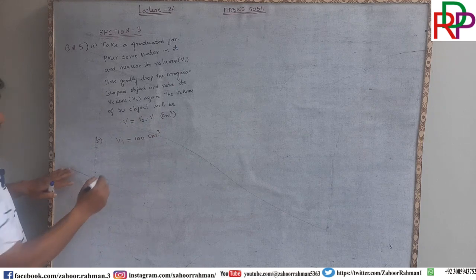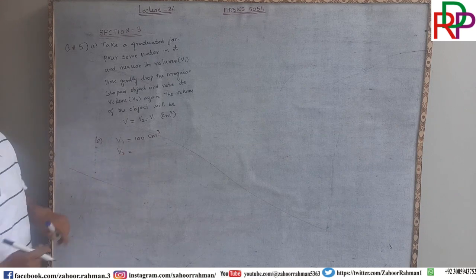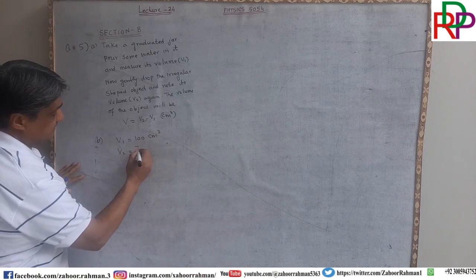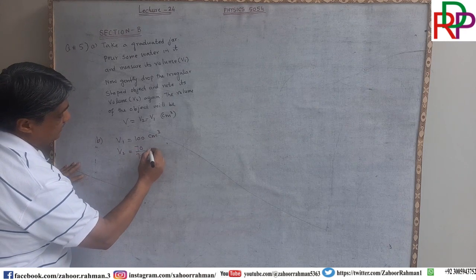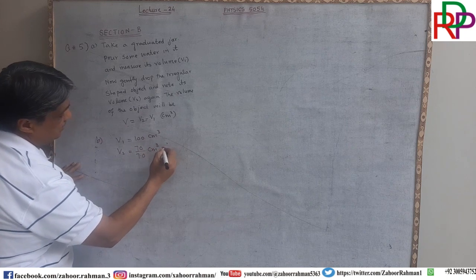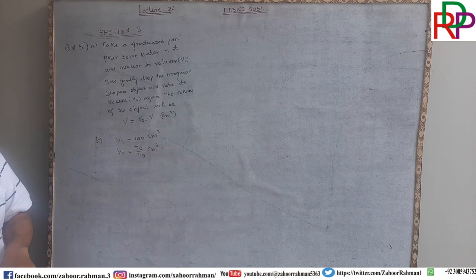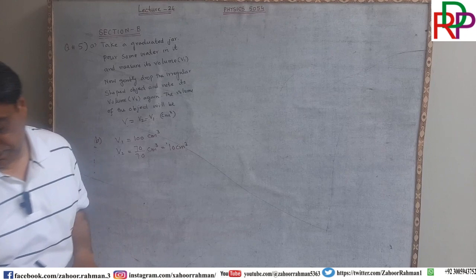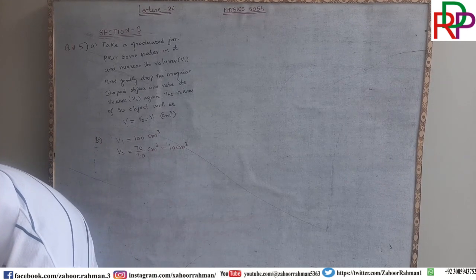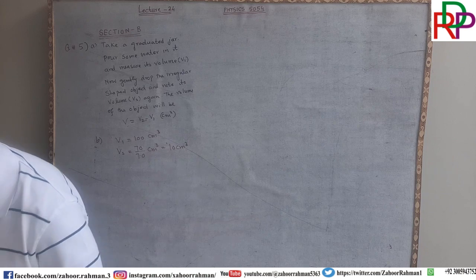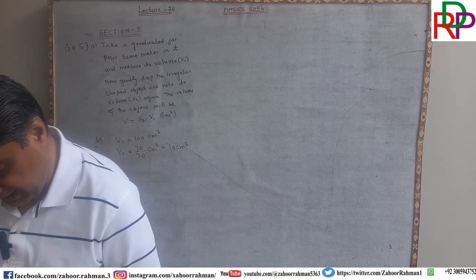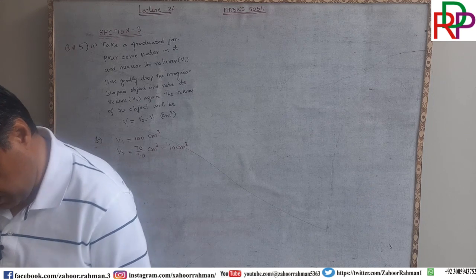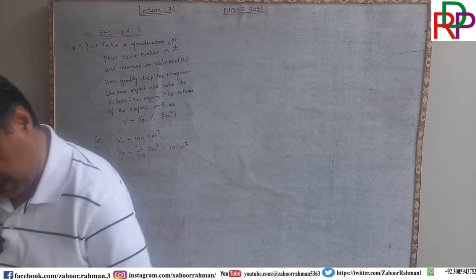Okay. V2 is given as 70 divided by 7.0 centimeter cube, which is equal to 10 centimeter cube, because the question is saying that an object of mass 70 gram is lowered into the cylinder, given that the density of the object is 7 gram per centimeter cube, and that it is completely immersed.